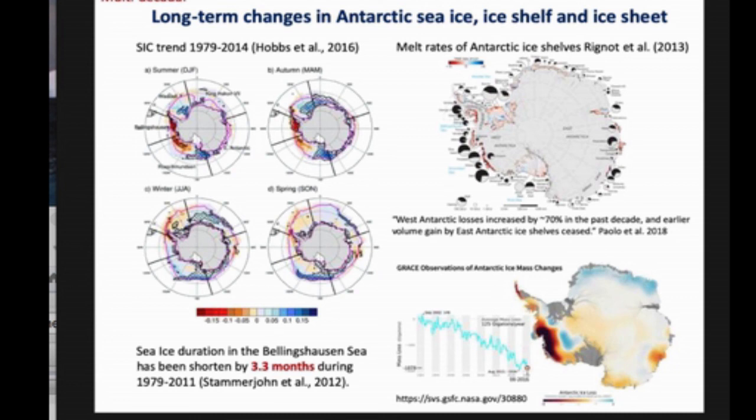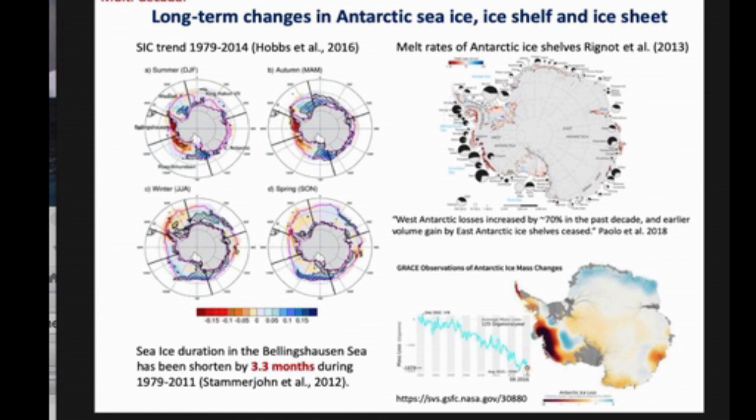That means we have accelerated ice shelf melt. Early on, East Antarctic ice shelves were gaining mass, but that gaining has stopped. Regardless, we have a strong spatial contrast, but ice shelves in general are losing mass.